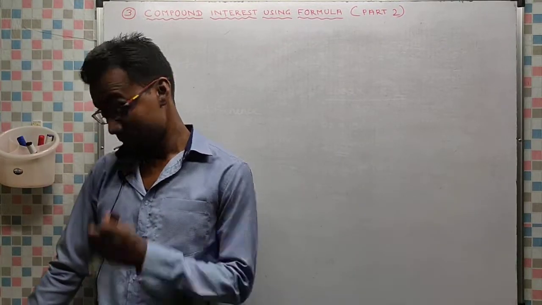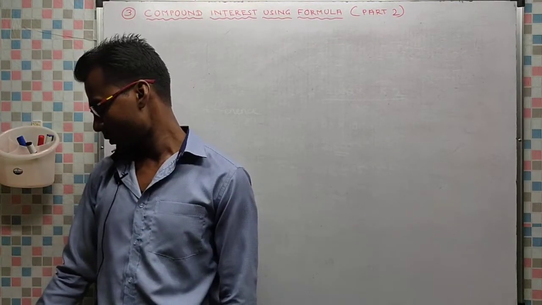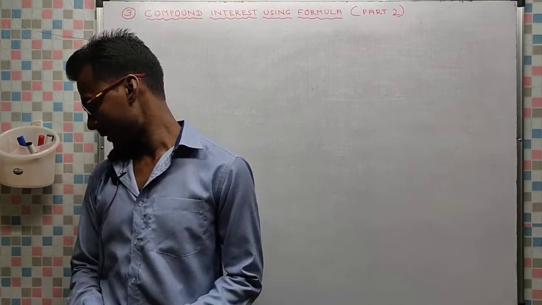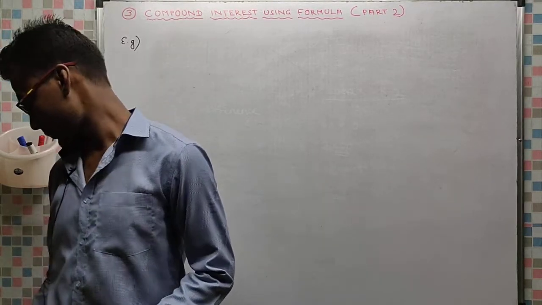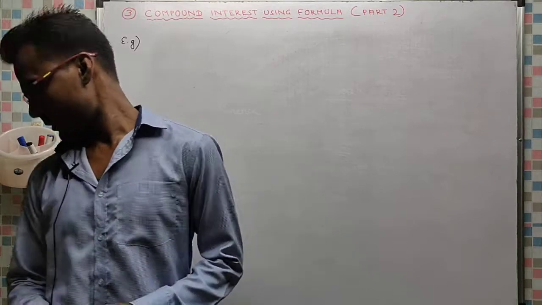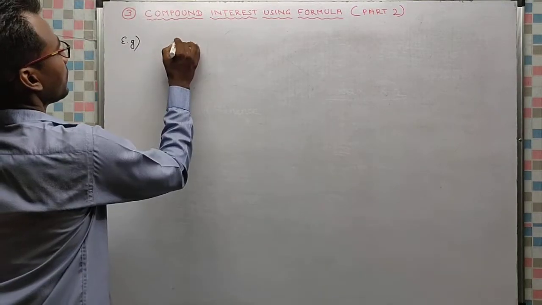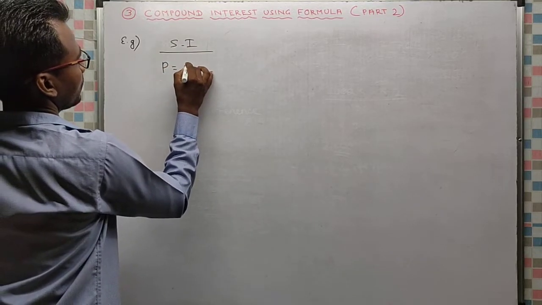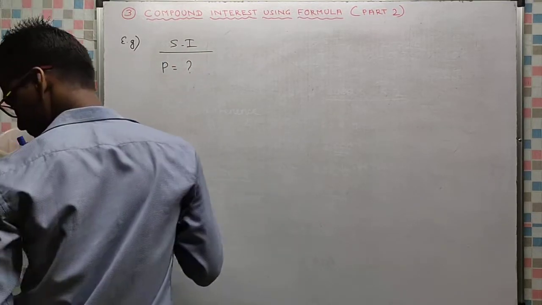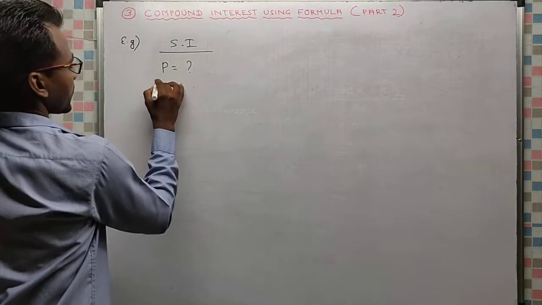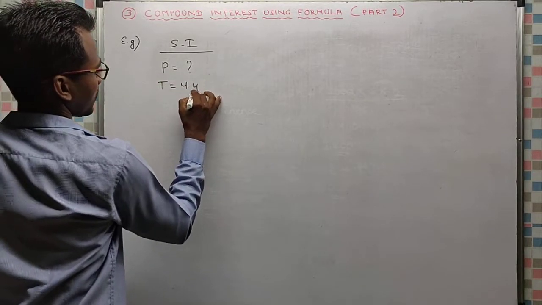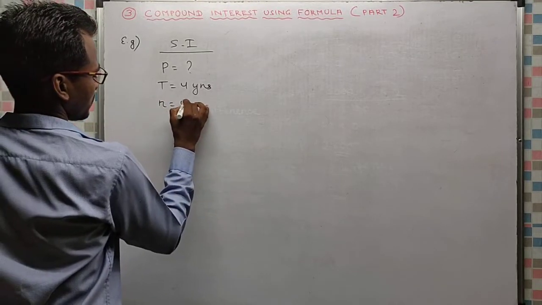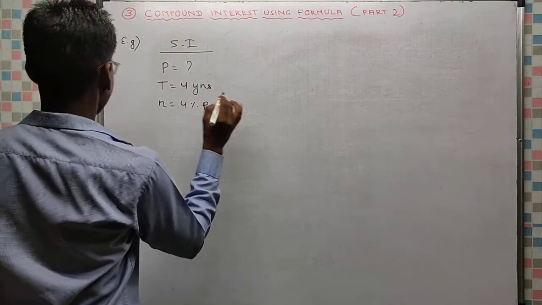Next example, the simple interest on a certain sum of money. Principal is not given. Time is 4 years, and the rate of interest is 4% per annum.